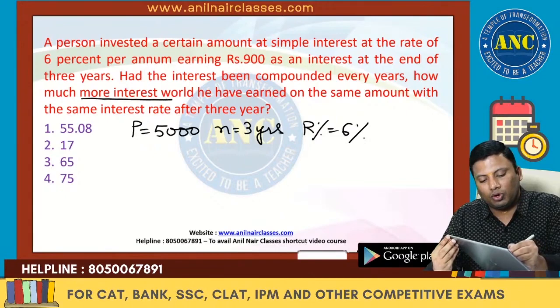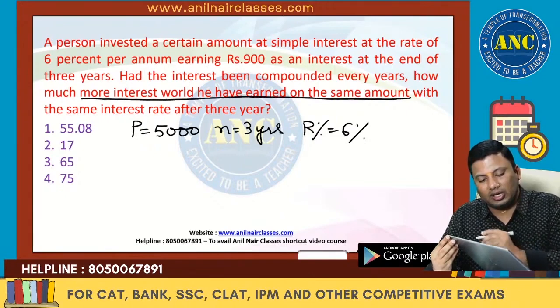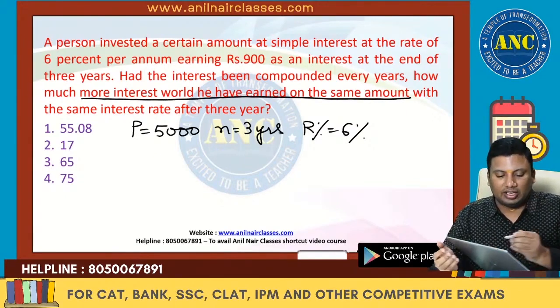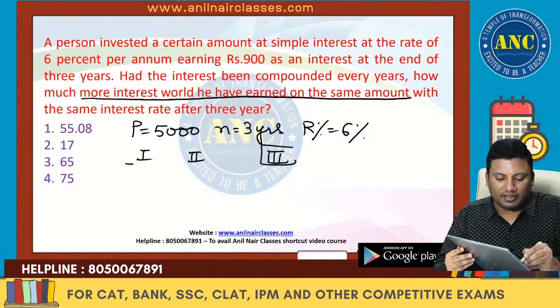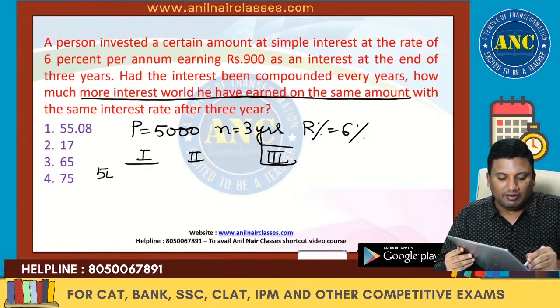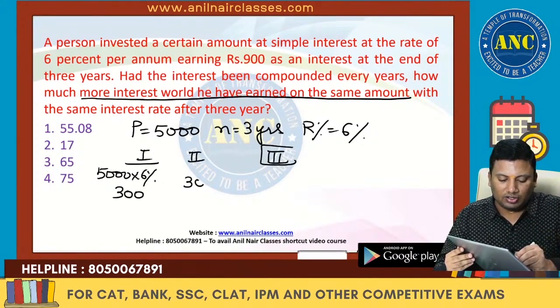How much more interest would you have earned on the same amount after 3 years? So first year, second year, and third year. First year it is nothing but 5,000 into 6%, which is 300. Here also 300. Here also 300.